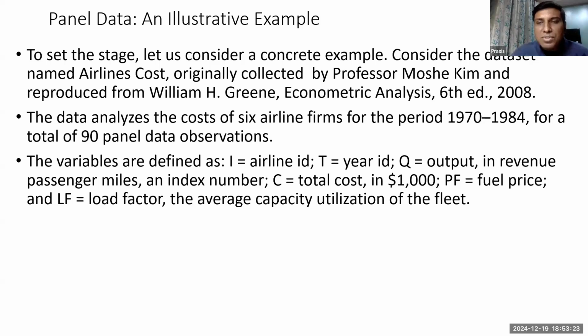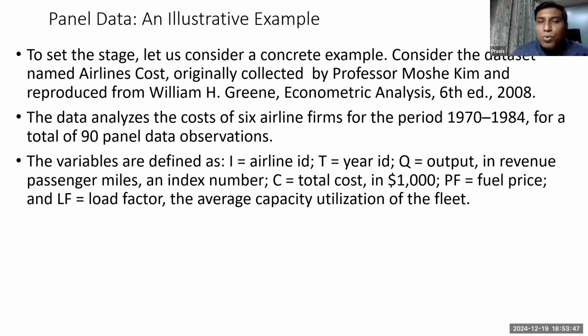It is basically a composite unit. But in this data set, it is expressed as an index number. It basically means they have taken one year's revenue passenger mile as the base, and expressed the other years' numbers relative to that number. That's the basic concept of an index number, right?